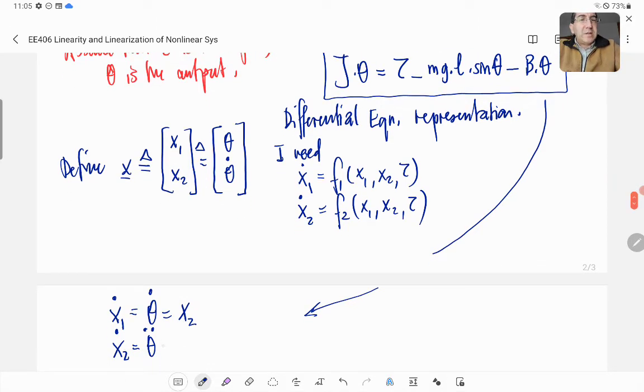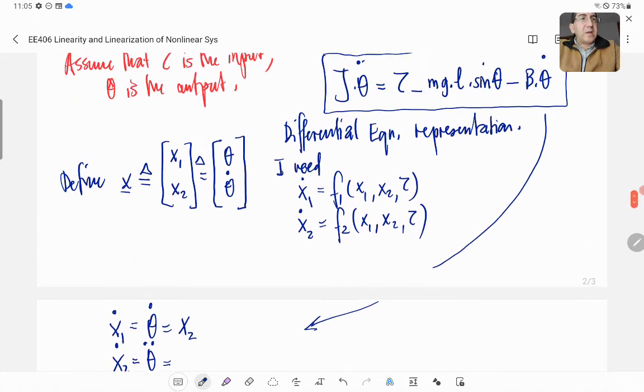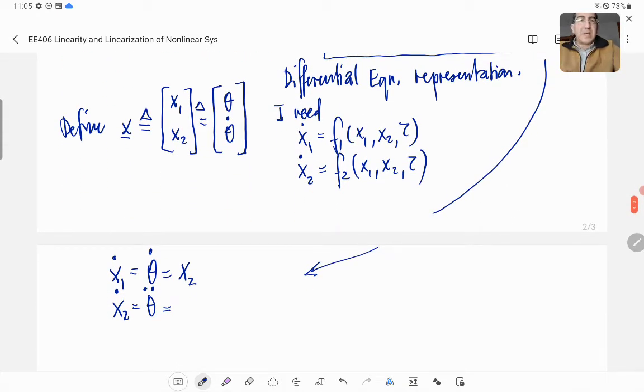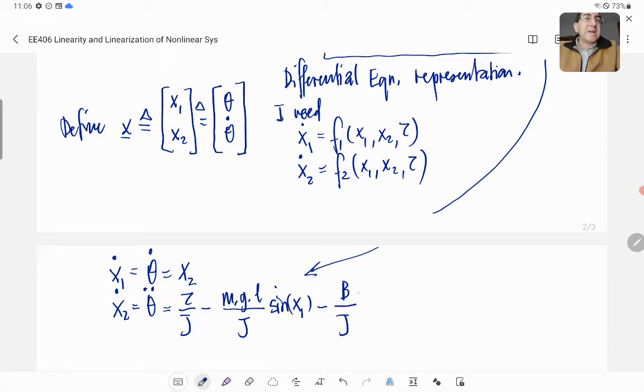Theta double dot will be equal to simply all of the things on the right hand side divided by J. So that's going to be equal to tau over J minus mgl over J times sine theta. And theta, remember, is x1. So I'm going to put it here, the first state, minus B over J theta dot.